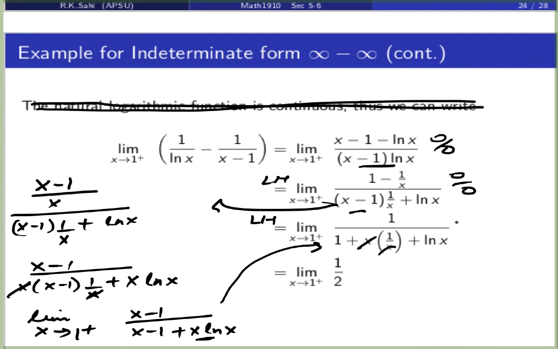So, we are now left with limit x to the power 1 positive, 1 over 1 plus 1 plus natural log of 1. Now, when x approaches 1, what is it? 1 over 1 plus 1, natural log of 1 is 0. So, your final answer is half.